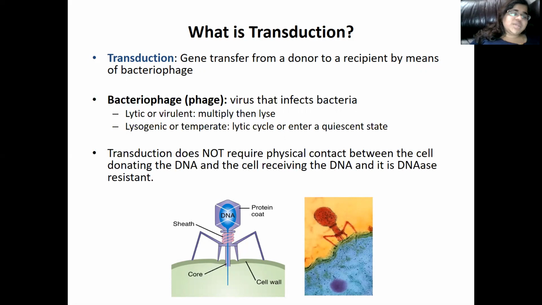So essentially with transduction, you do not need physical contact between the donor cell and the receiving cell. It also is DNA resistant, which means it is resistant to any kind of breakdown, right?